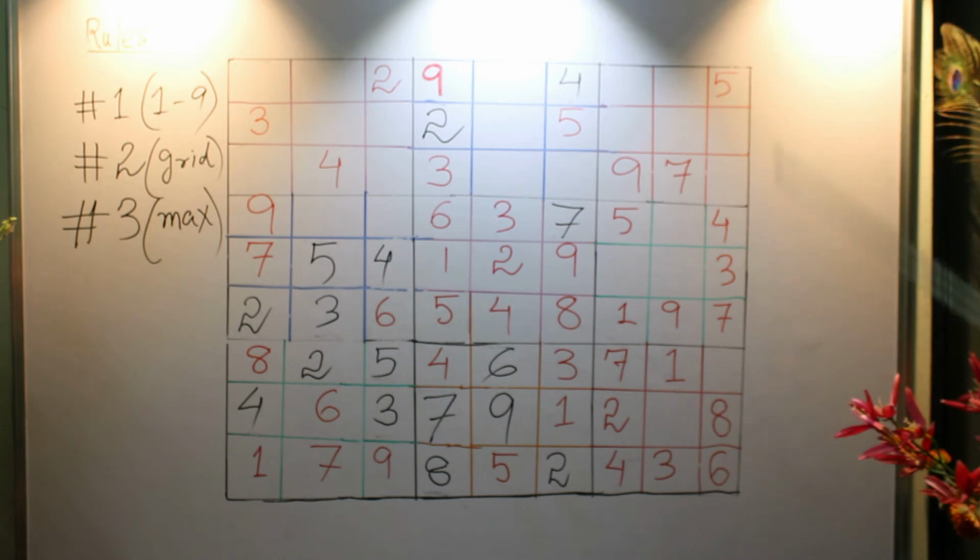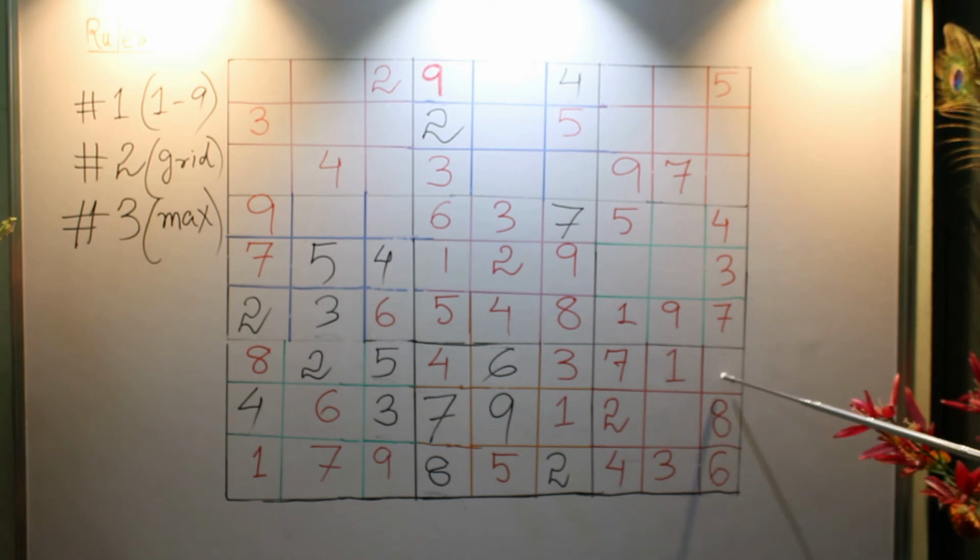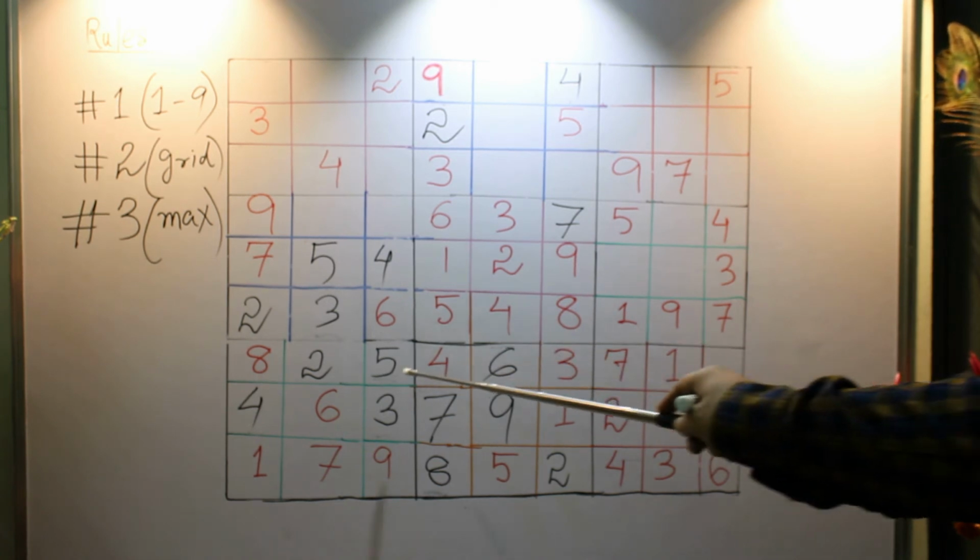Let's try with some other grids where you can easily put the numbers. Okay, you see for this grid 5 cannot be filled here because of this 5.